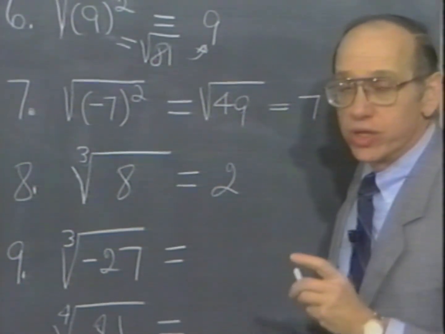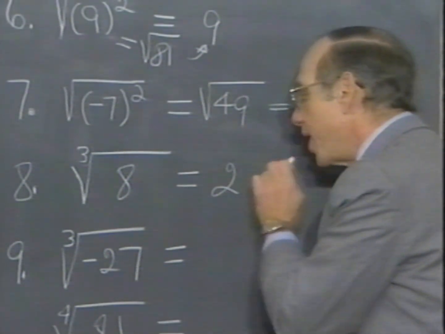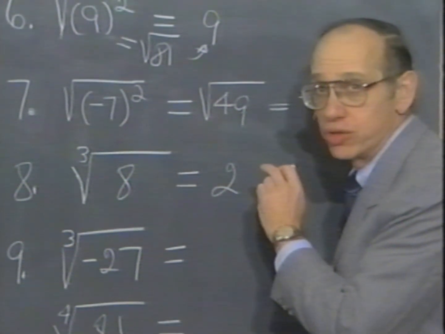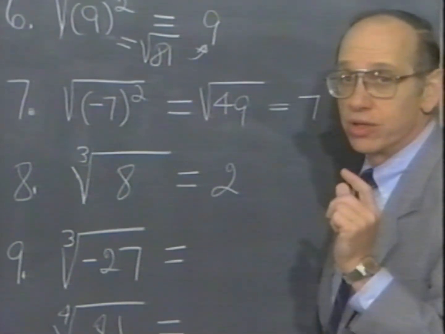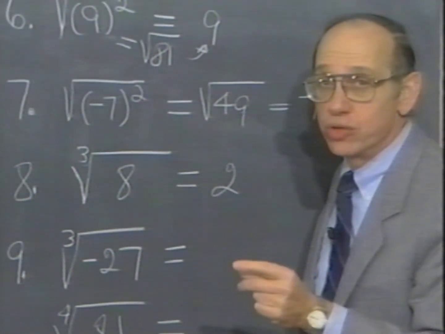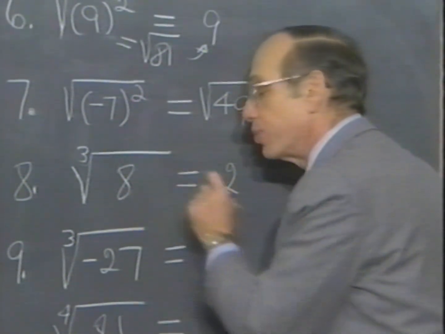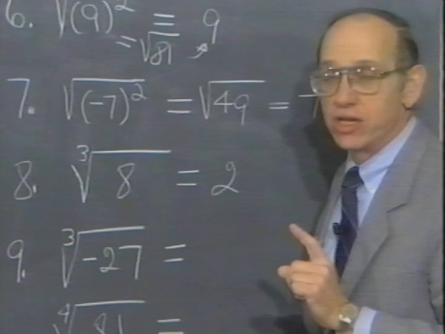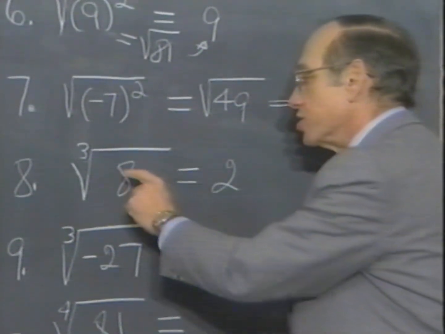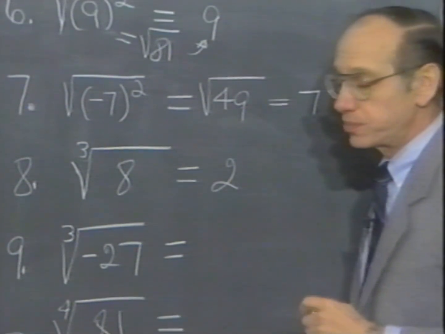Now you notice with the cube root, I don't have to worry about the sign, because this can't possibly be minus 2, because minus 2 times minus 2 is plus 4. When I multiply once again by minus 2, I get minus 8, which is the wrong answer. I want to get plus 8. So with cube roots, I don't have that sign problem. It's understood the cube root of plus 8 is plus 2.